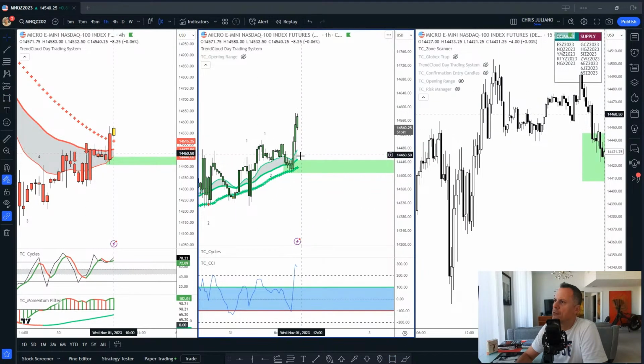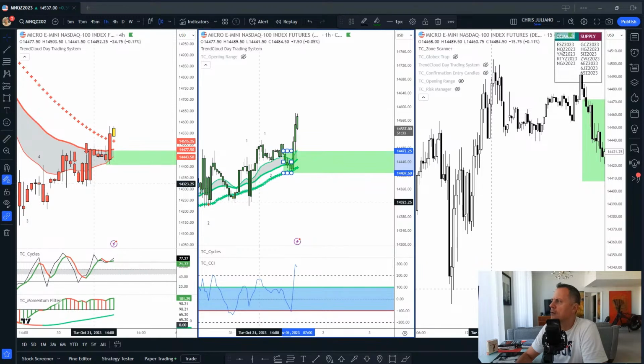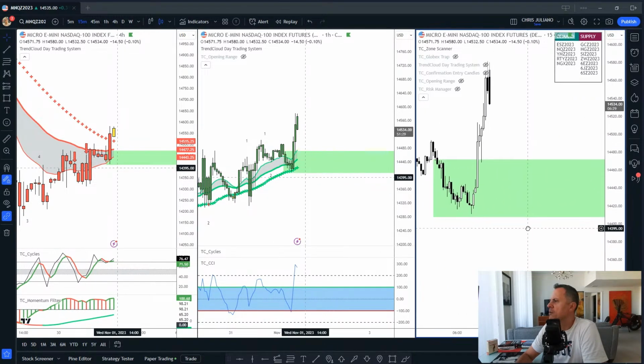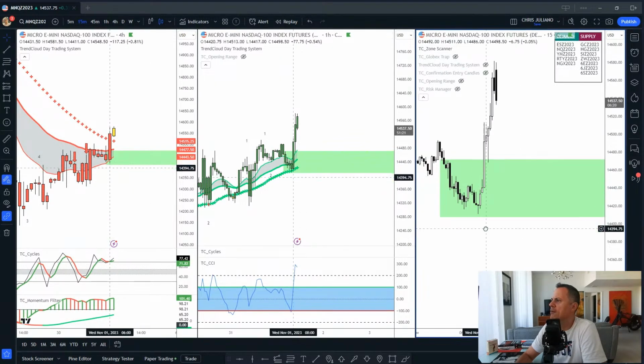We also have this TrendCloud component, right? So here's your TrendCloud. Here's a zone in here. Where is that represented on the middle chart? Right down. Look how that rejection candle comes down into that TrendCloud area, right?